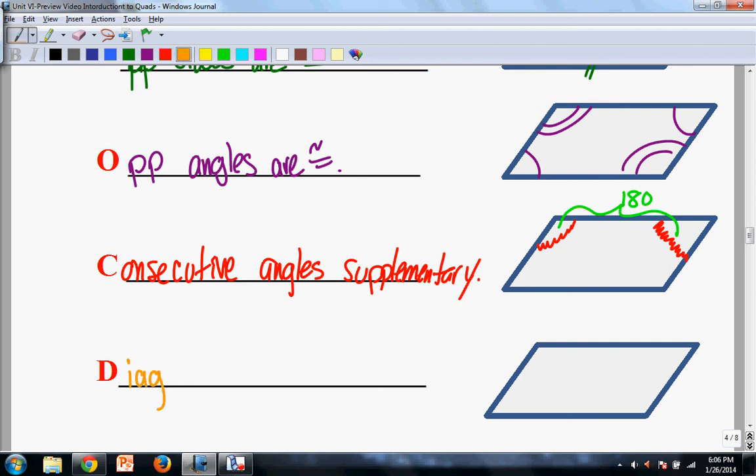Last one. Diagonals bisect each other, so you have one diagonal, does not bisect the corners, it bisects each other. Another diagonal, this implies that this point here is the midpoint going both ways. It is the midpoint going both ways.